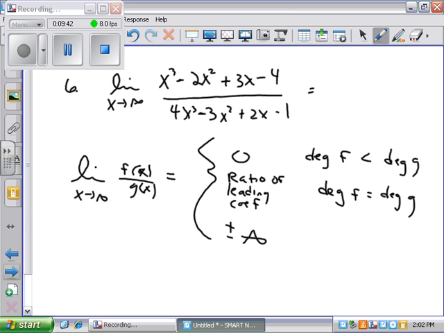When do we have to do long division in your class? We never did in this class. We did in Greek. Because in here, when we did this in the beginning, we divided through by the highest power of x, and then we took the limit.